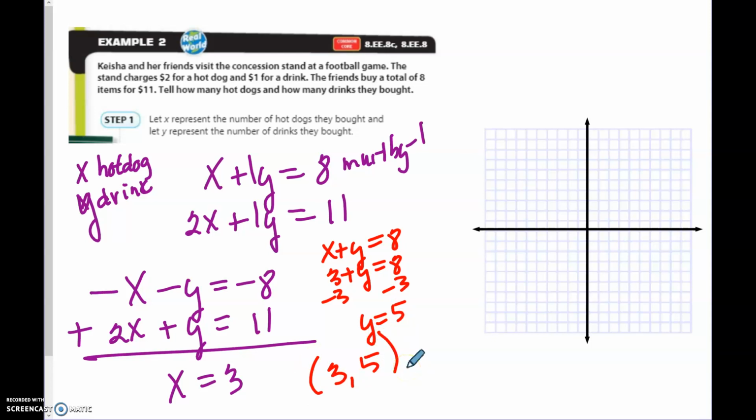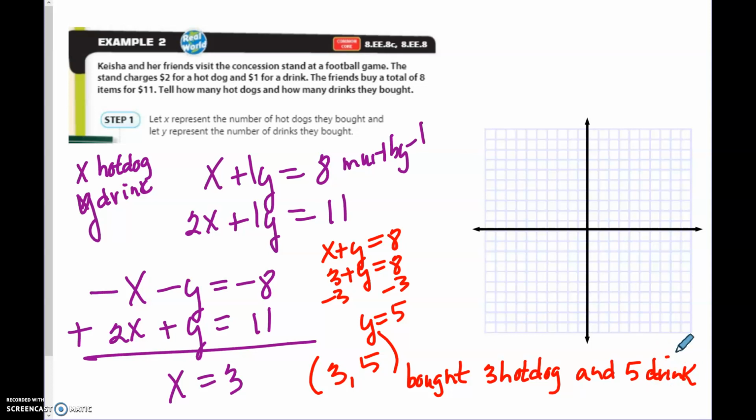That means that what these friends actually bought was 3 hot dogs, because that's what I said x stood for, and 5 drinks. And that's how they got their total to be $11.